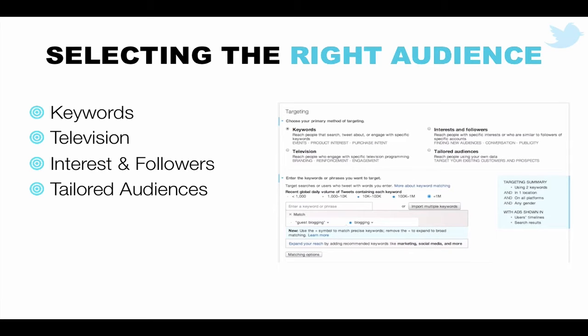So if you'd like more information around tailored audiences using Twitter's third-party data sources, then I'd strongly advise that you check out that next lecture and read through that PDF.